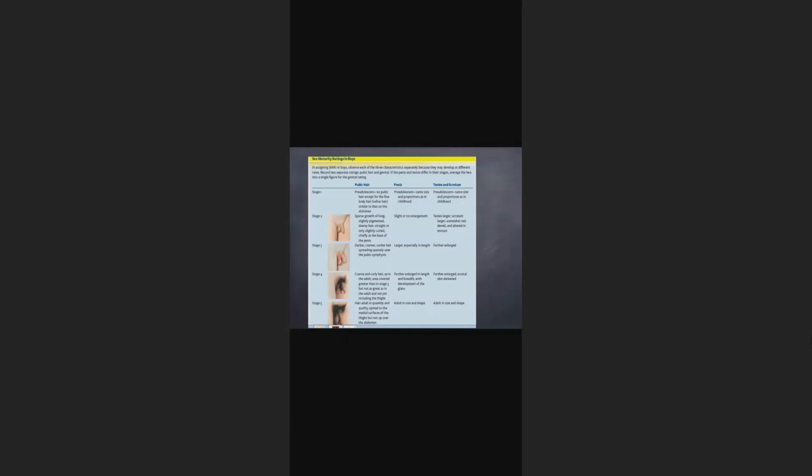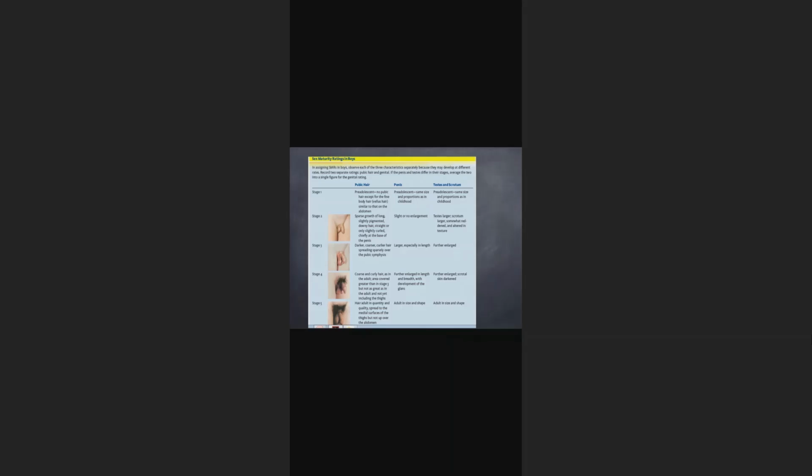This is the Tanner classification for males. We have stage 1, stage 2, and so on. For pubic hair, in pre-adolescents, usually there is no pubic hair except for the fine body hair.